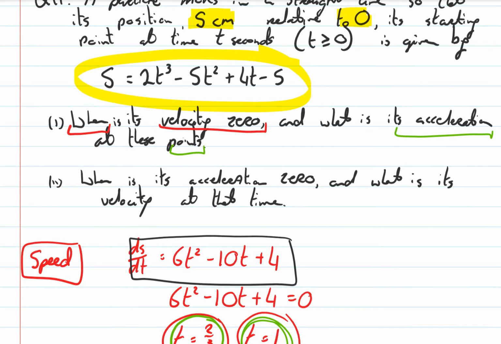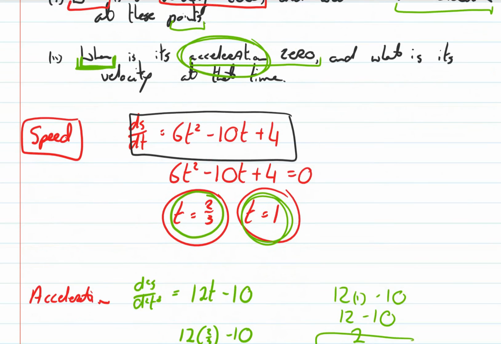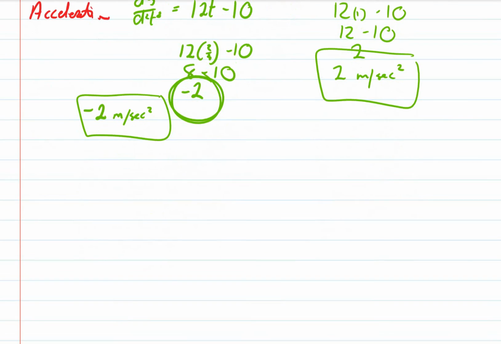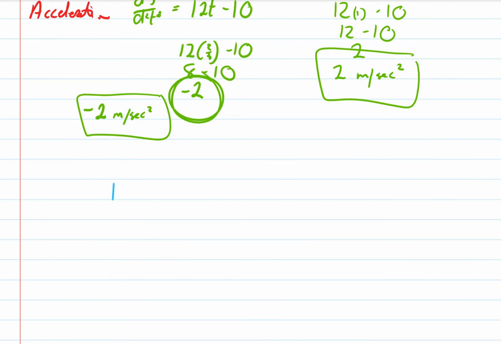Last part then. When is its acceleration 0? So we're looking for a time. Acceleration 0. We have our acceleration formula. It's here. We want to know what time, so what number do we put in for t to ensure the acceleration is 0.